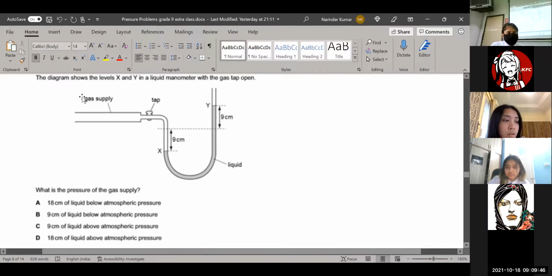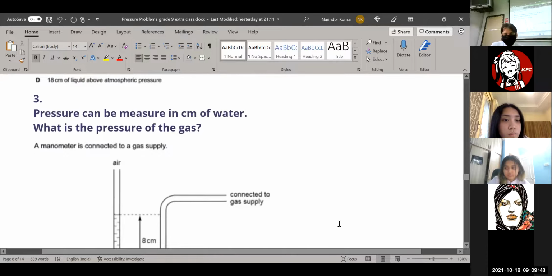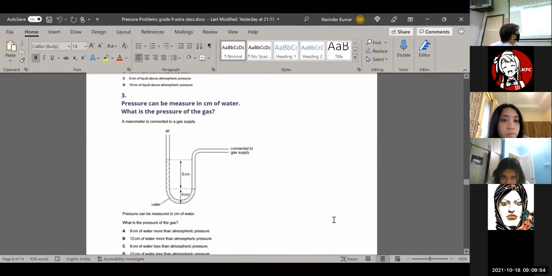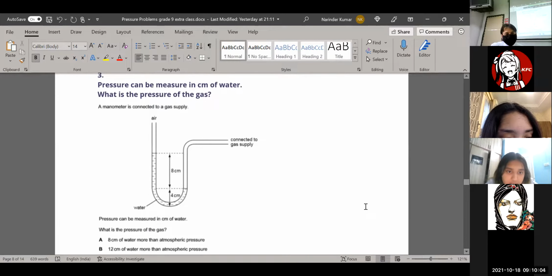Now, next, third question. Question number 3, children. Pressure can be measured in centimeter of water, and a manometer is there.